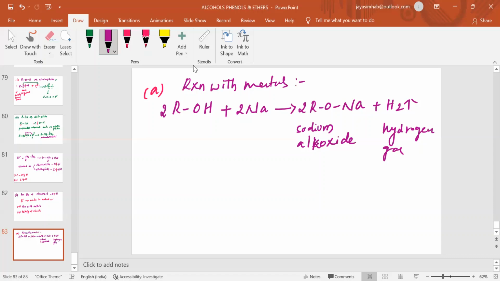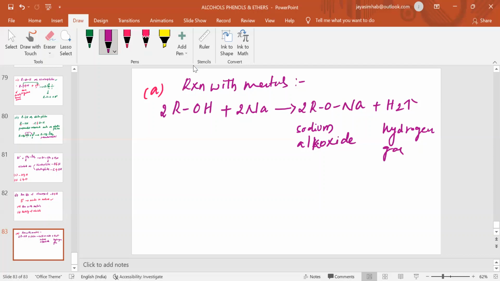This is how it will happen: sodium alkoxide. You can even take higher alcohols, I mean substituted alcohols, primary, secondary, tertiary. Any type of alcohol you can take. They can create such types of alkoxides, the metallic alkoxides, and hydrogen gas.